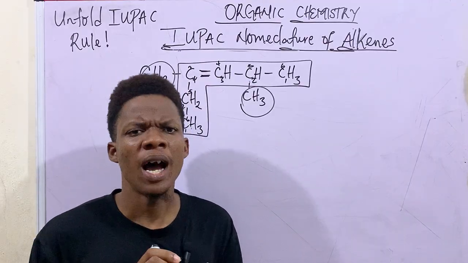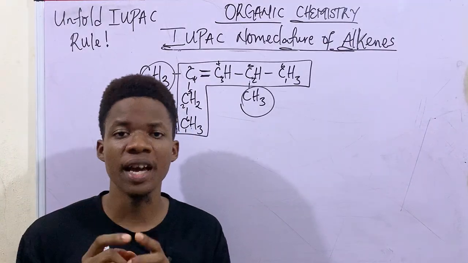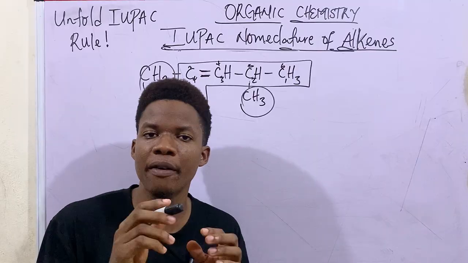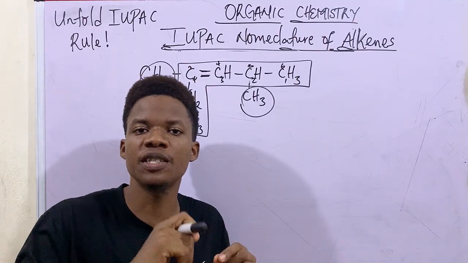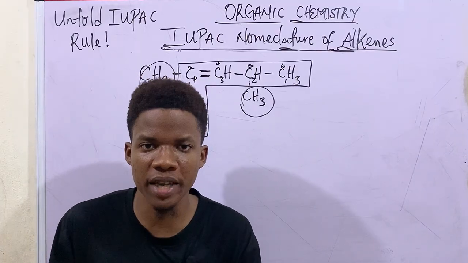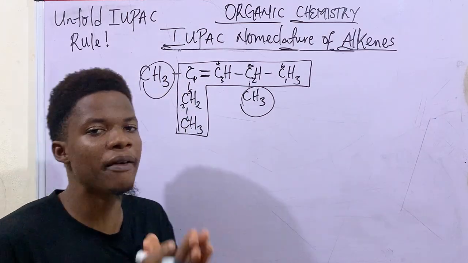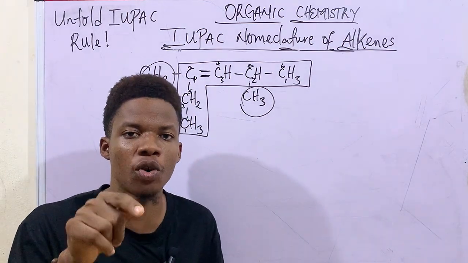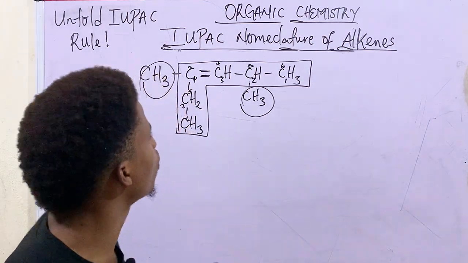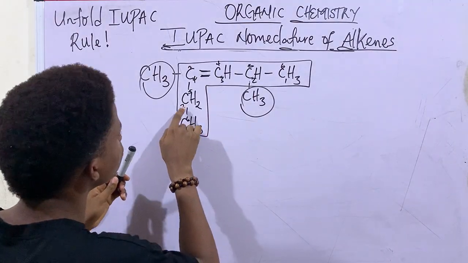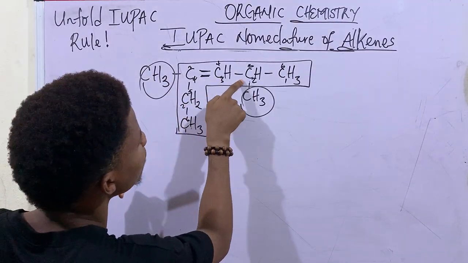But now, how do you know the direction to pick? The direction to pick will be the direction that gives you the least possible number to the substituent. Now, watch. Here is 1, 2, 3, 4, 5, 6.